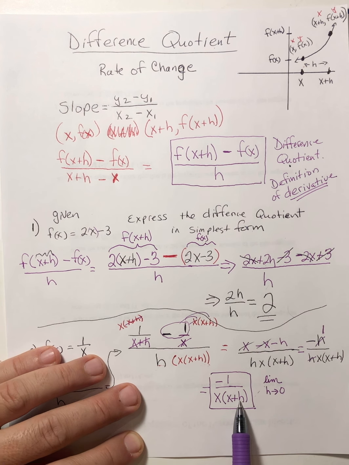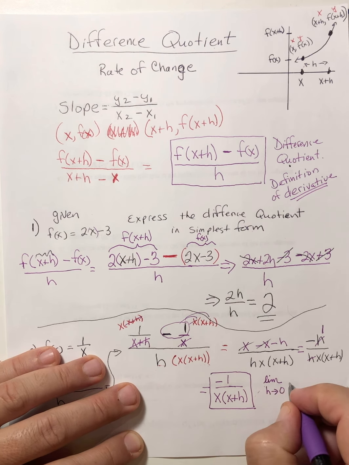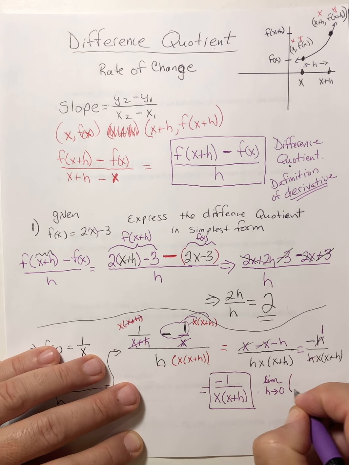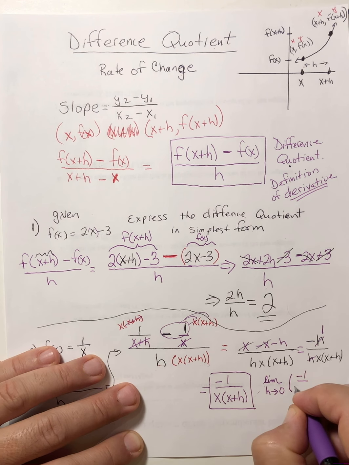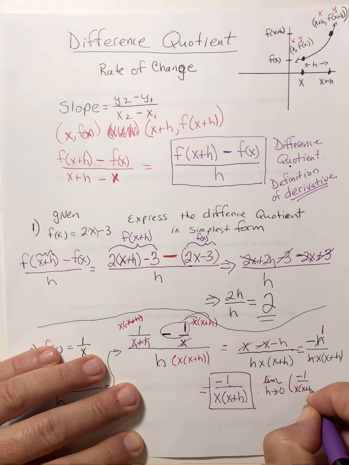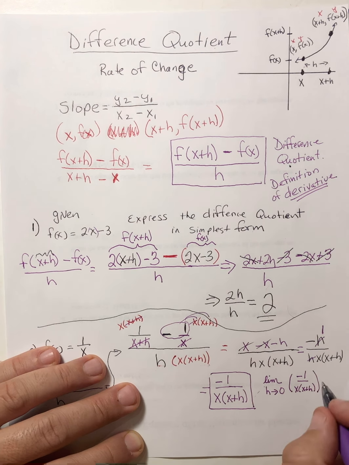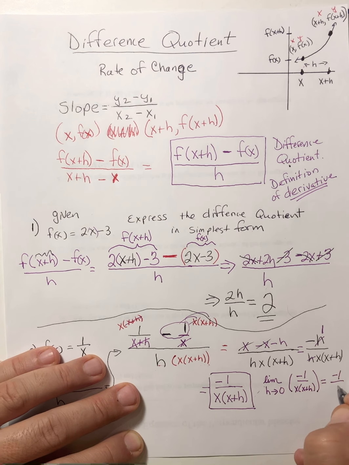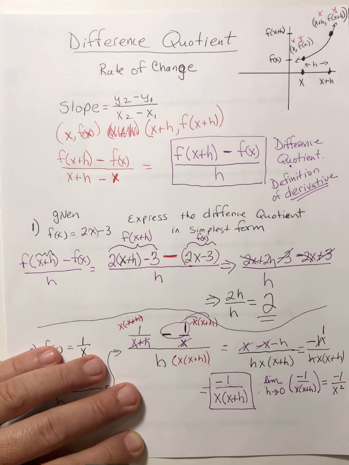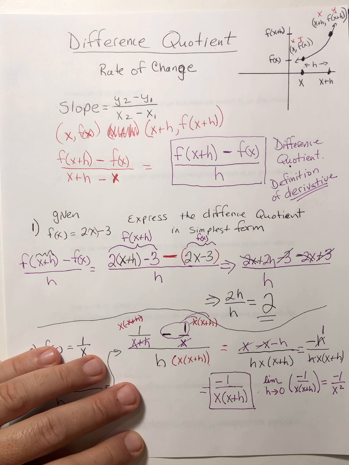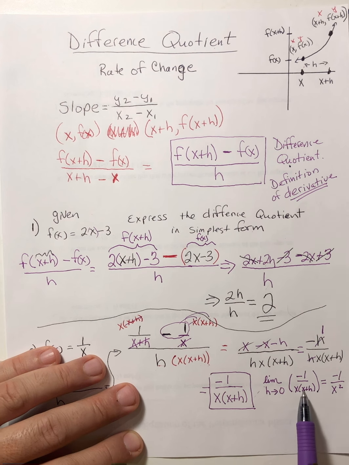We're just left with an x. So the limit as h approaches 0 of this mess, negative 1 over x times x plus h, is equal to negative 1 over x squared. Okay, that's it. So as h approaches 0, we're left with just x squared on the bottom.